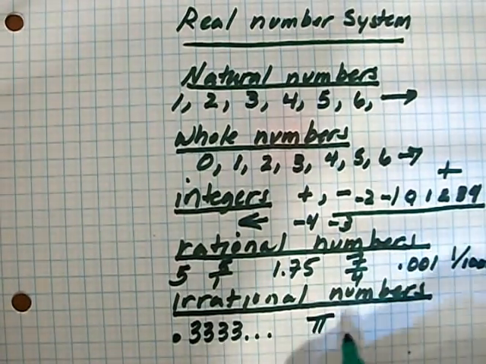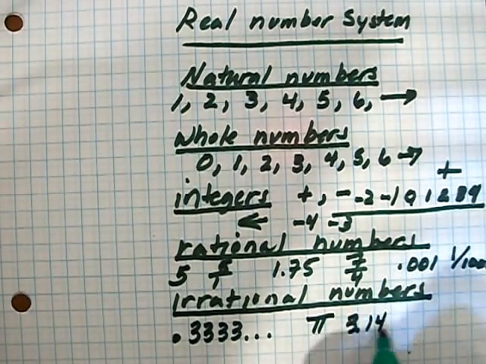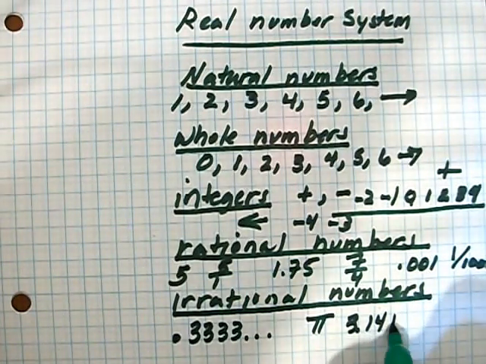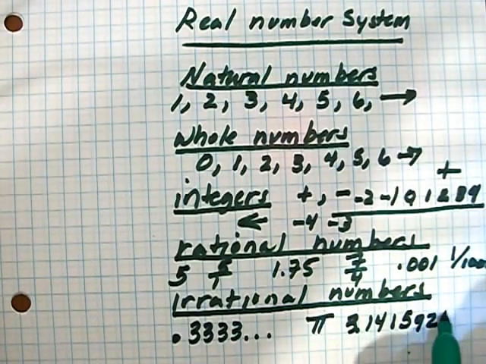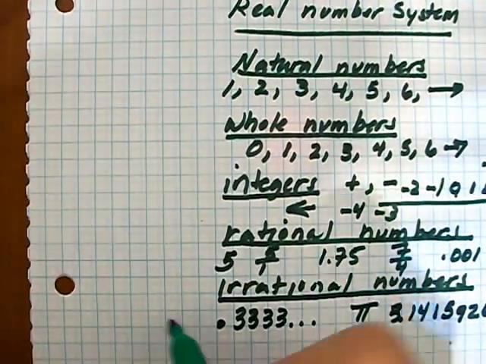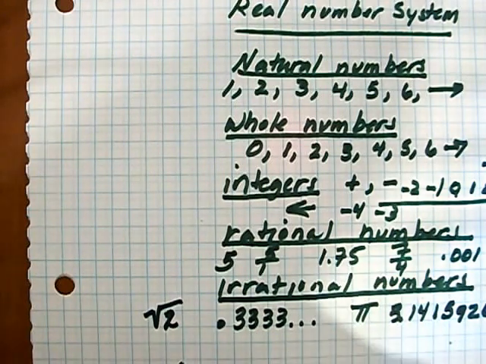Generally we think of 3.14, but pi keeps going on and on and on. It goes 3.14159265, and so on. Another irrational number, for example, is the square root of 2. If you were to put this in the calculator, you'd come up with an irrational number.